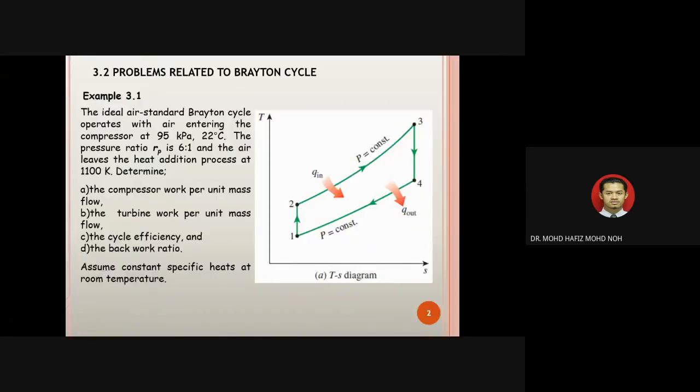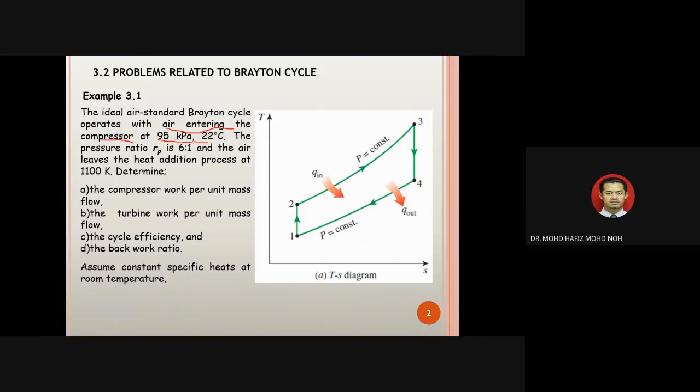Alright, for this example 3.1, the ideal standard Brayton cycle operates with the air entering the compressor at 95 kilopascal, 22 degrees Celsius.